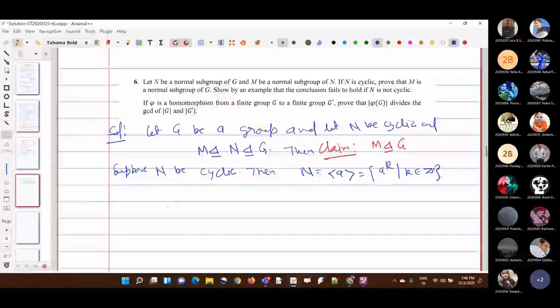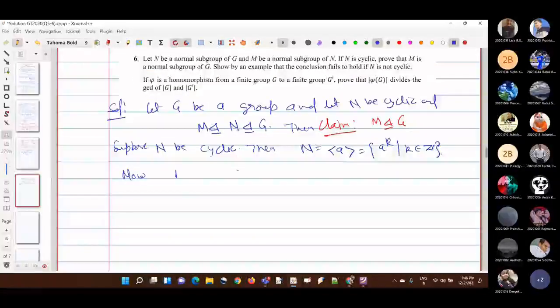Fine. Now, because M is normal in N and N is normal in G, M will be a subgroup of N and N is also a subgroup of G. So M is a subgroup of N and N is a subgroup of G, and in the case of subgroups, this implies that M is a subgroup of G. So to prove that M is normal in G, what do we need to prove?